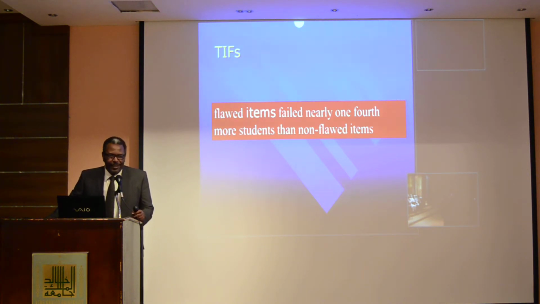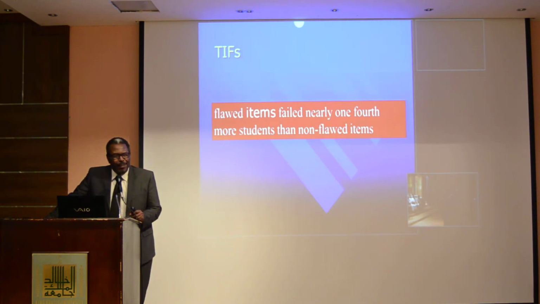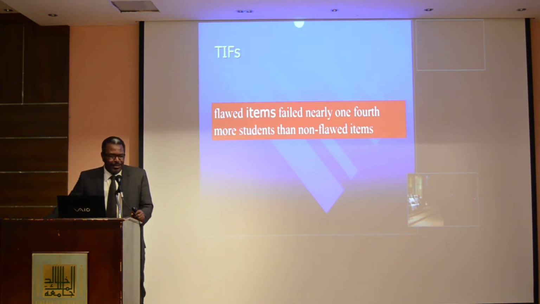These 28 failed. If your exam contains a number of flawed items, you expect 7 of these 28 to fail for the reason of flawed items, not because they are bad students, but because your questions are bad. It's a serious issue.